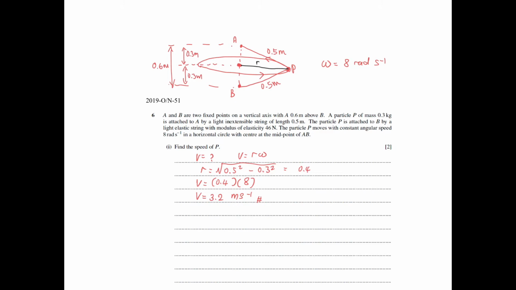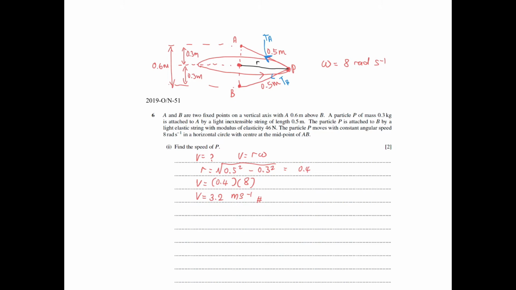Of course it has tension that acts this way towards A, so I call this tension TA. Meanwhile, you should expect the string attached to B has tension TB also. So we have tension TB over there.